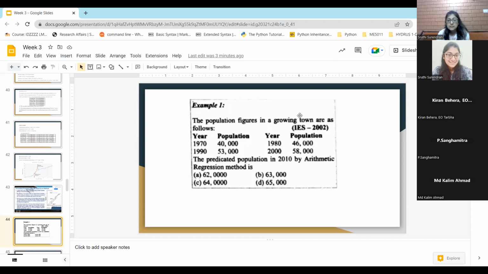Okay, Kiran has given C as the answer. These are problems that we had solved in the last class also. And this would help you to keep in touch with the formulas.